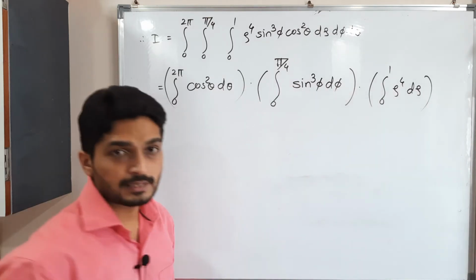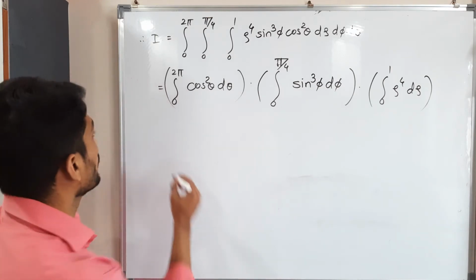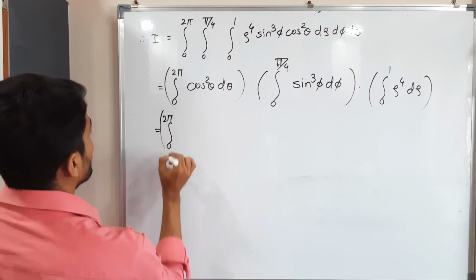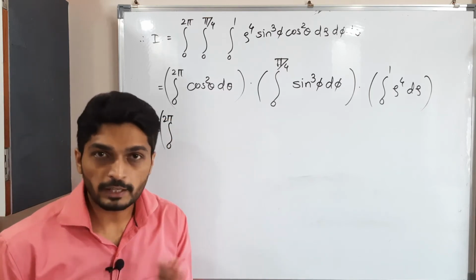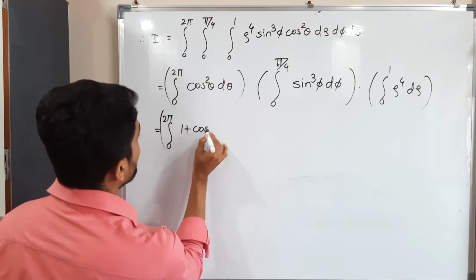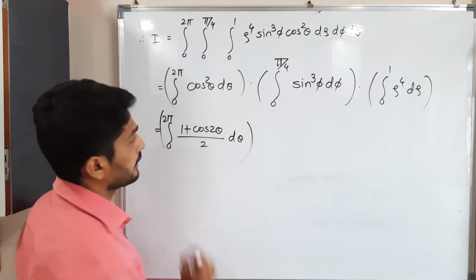So we can take separate integrations, but it is not that easy. We cannot take direct integration. We have to use some formulas of integration. Cos squared theta we cannot integrate directly, but we know that cos squared theta means (1 plus cos 2 theta) divided by 2, d theta.